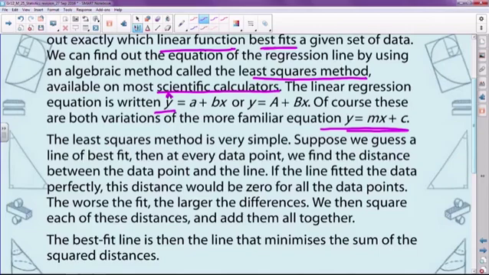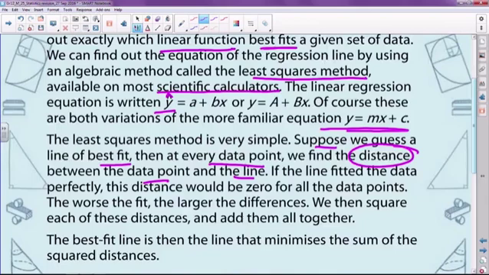Now, what exactly is going on when we say we're using the least squares method? Suppose that we guess a line of best fit. So we guess at what line is going to best fit the data. Then at every data point, we find the distance between the data point and the line. If the line fitted the data perfectly, then all your data would lie on the line.